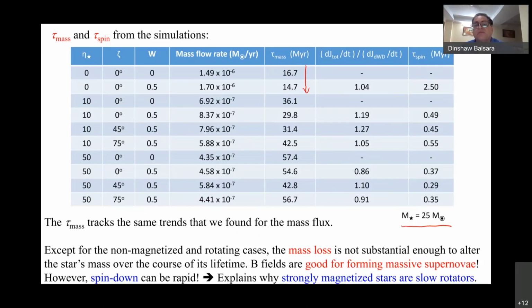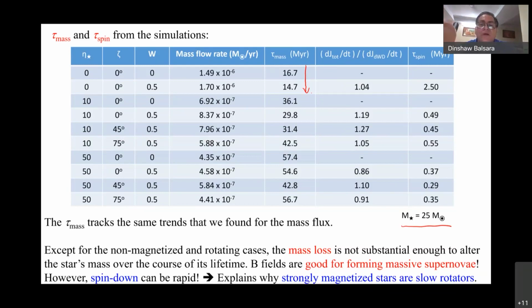This basically means that if the star is not magnetized, it has the potential to lose a significant amount of its mass over its lifetime. And that's exactly what we know and expect for massive stars. A star which started its life as a 25 solar mass star will not be a 25 solar mass star when it goes supernova. It will probably be a 12 or 15 solar mass star because it has lost a lot of its mass to winds. Now let's look at the situation out here.